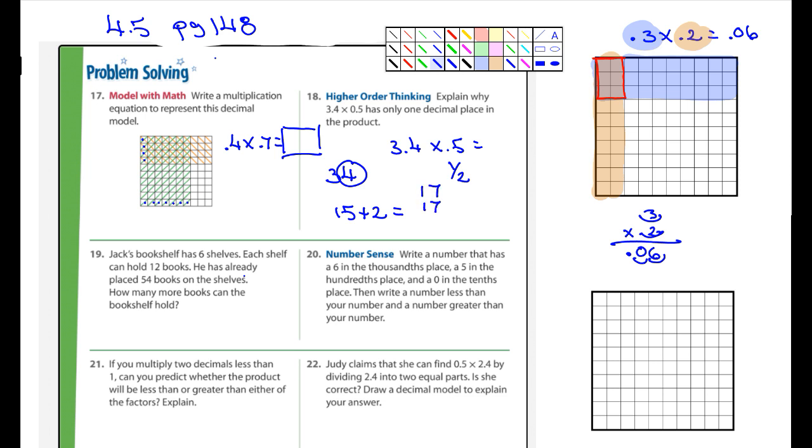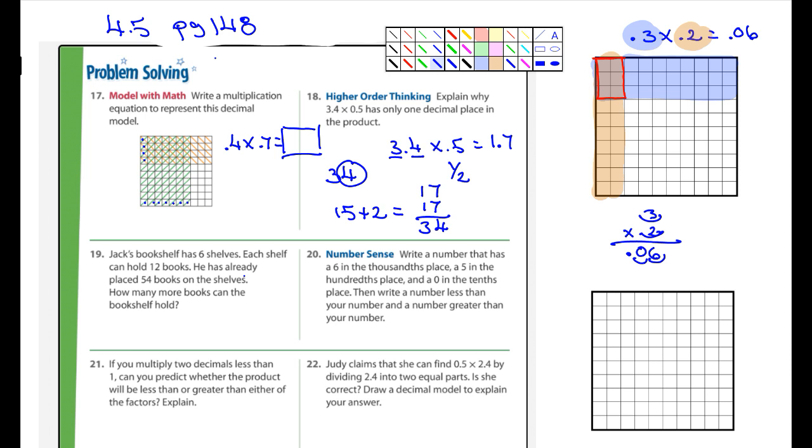Well, 17 plus 17 does equal 34. So half of 34 is 17. But we're not talking about 34. We're talking about 3.4. So what do you think would be half of 3.4? Half of 3.4 would be 1.7.